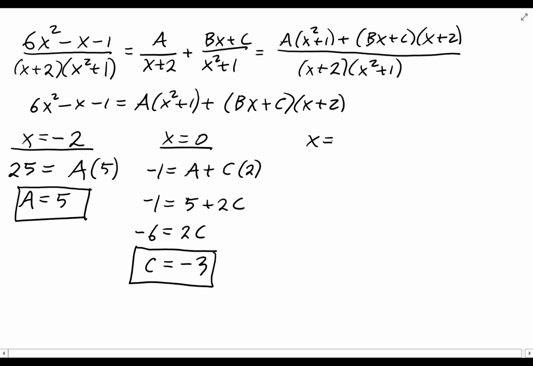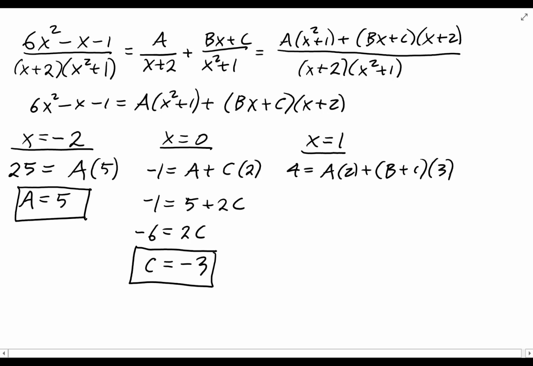Okay, what else should we plug in? Nothing's going to disappear no matter what number we plug in, so let's just plug something easy in. Let's plug in a 1. On the left hand side, we get a 4. On the right, we're going to get A times 2 plus B plus C times, let's see, 1 plus 2 is 3.